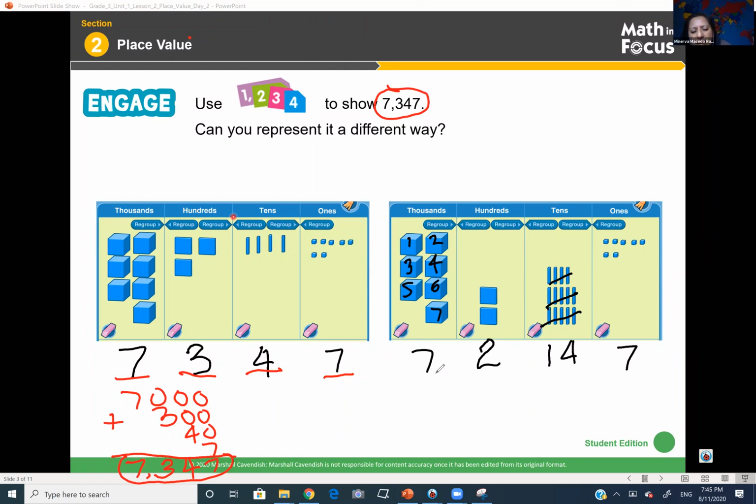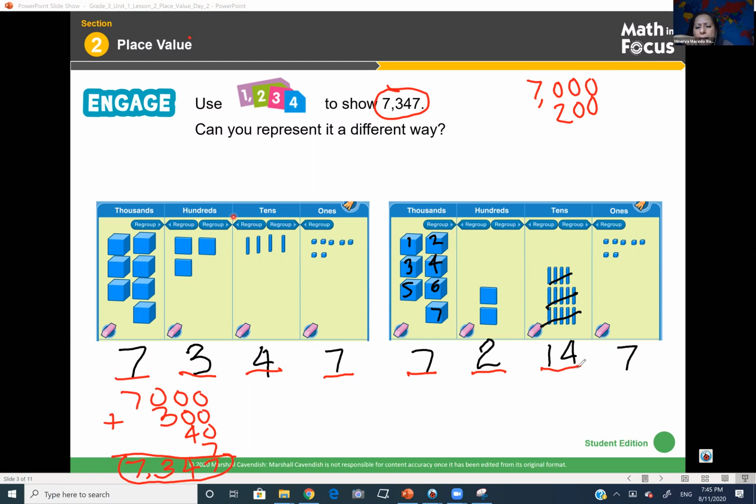That one I'm going to work on the top so we have more space. So we still have 7,000. So I'm going to write here the 7,000. Then I'm going to have 2 hundreds. I know the value of digit 2 is going to be 200. Then I have 14 tens, but I am having a hard time knowing what to put on my values.